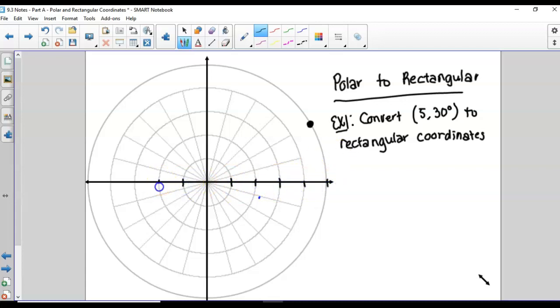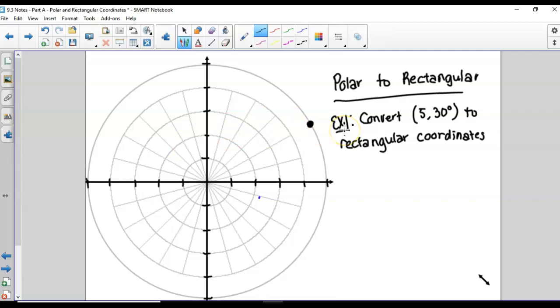Each circle is just a point on the graph. So if I were to look at this not as polar graph paper, but as just regular rectangular graph paper, what would you guys estimate that the coordinates of this point right here are?